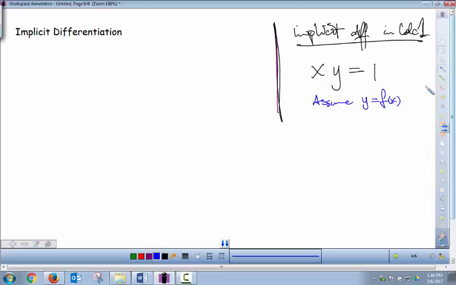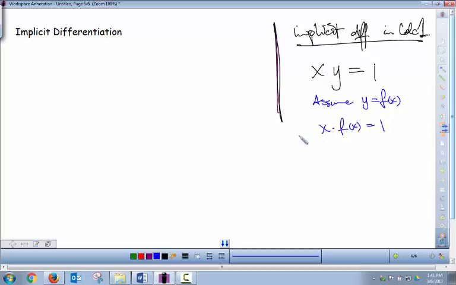And so we don't do this in implicit differentiation, because if we do, then it would be way too easy. But if you wrote this as x times f of x instead of x times y, then this whole idea of taking the derivative of this will seem really, really easy, I think.